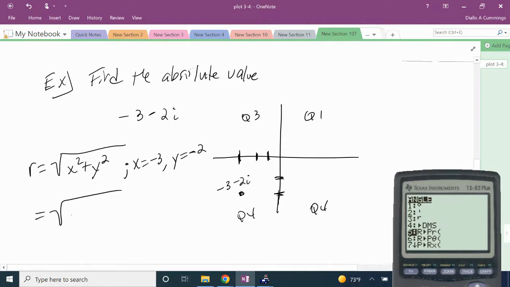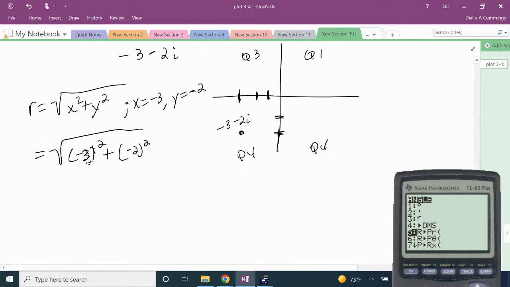So here we have the square root of x squared, that's -3 squared, plus -2 squared. 3 squared is 9, 2 squared is 4.